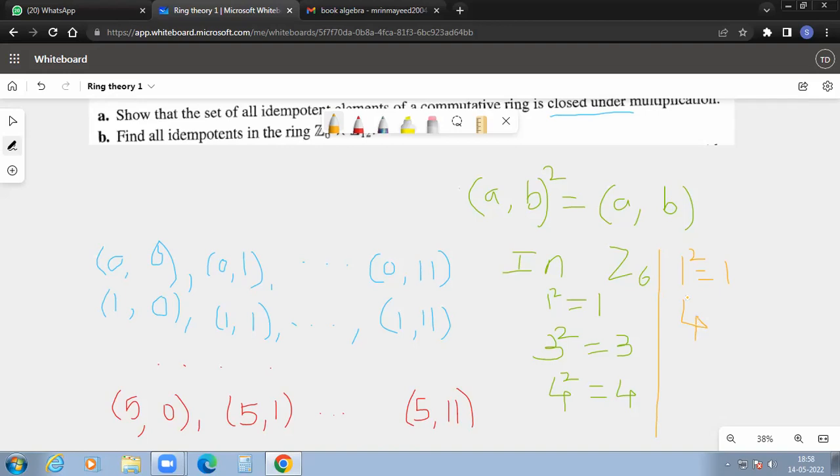So I got 4 square is equal to 4 in Z12. 5 square is 25 divided by 12 gives me 1. 6 square 36 divided by 12 is a 0. 7 square 49 divided by 12 is a 1. 8 square gives me 4. 9 square gives me, I think 7. 9 square produces 7. Okay.